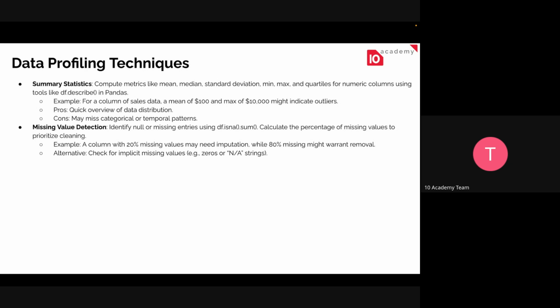Okay. So the purpose of using summary statistics is a quick overview of the data distribution, but the cons, of course, include that you miss the categorical columns and temporal patterns. For categorical or object type columns, it's not going to work directly.